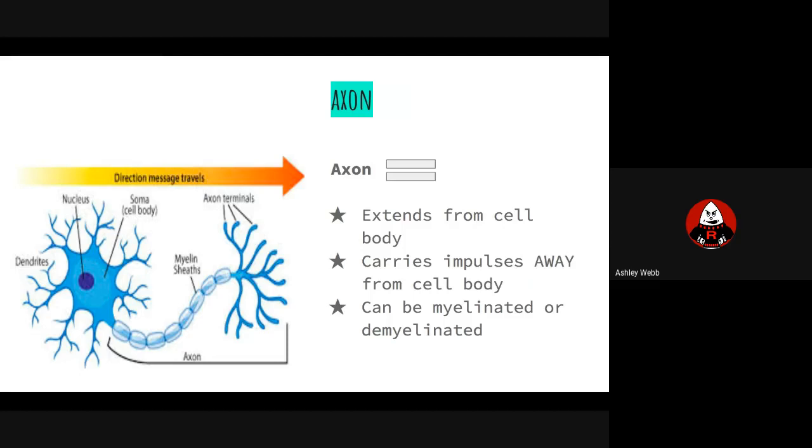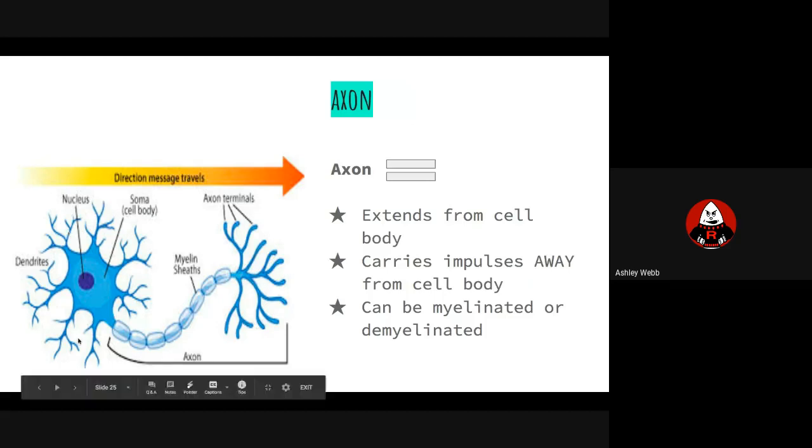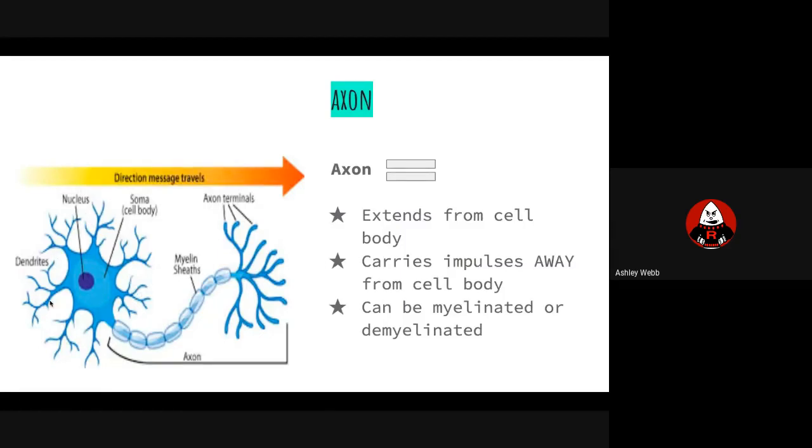When we're looking at this picture here on the left, this area here is the cell body. The center darker blue part is the nucleus. The little branching out of the cell body are out gathering all of the sensory information.